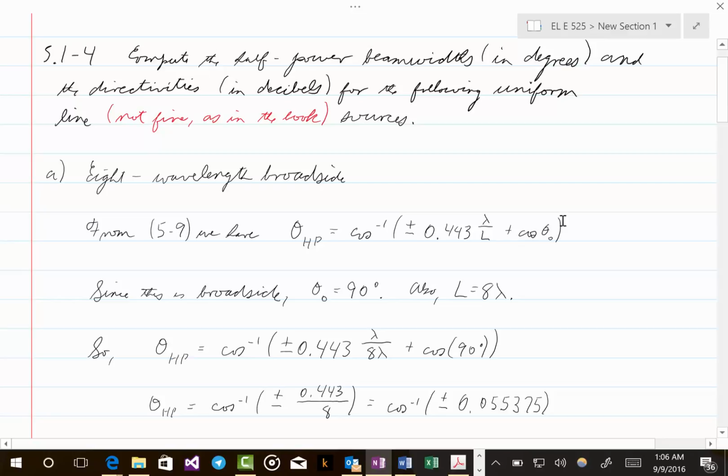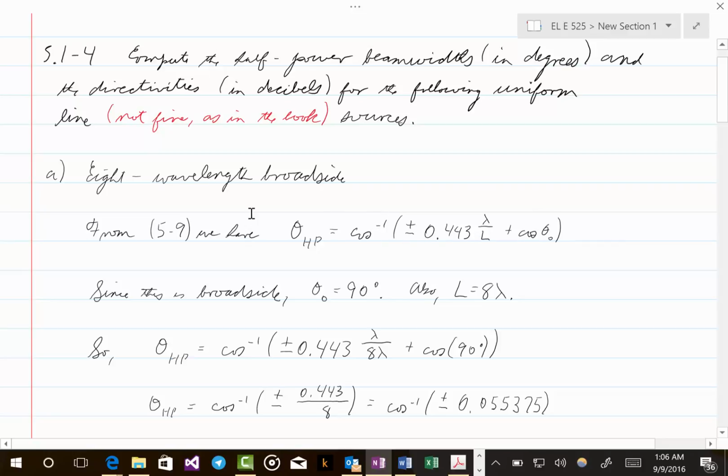Now this is a pretty straightforward formula, but as we will see in the two examples that we will consider in this lecture, there are some things about this formula that we need to pay attention to. One is how do we find theta naught, and the other one is, as we'll see in the second example, this formula sometimes gives us an answer that doesn't make sense, and so we'll need to see what happens in that case.